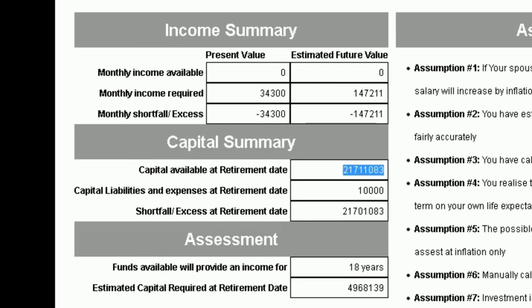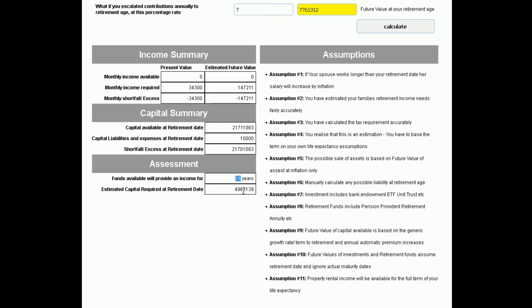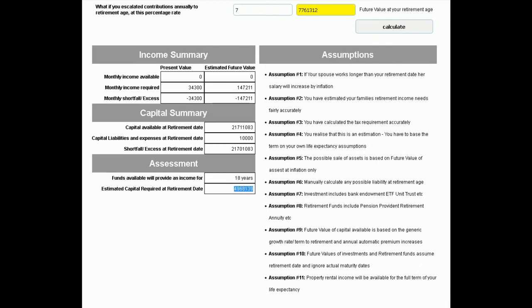They have 21.7 million Rand in the kitty, and they have a liability of 10,000 Rand. So in total they have 21.7 million Rand that will enable them to withdraw 147,000 Rand for the next 18 years. The shortfall is 4.9 million Rand.